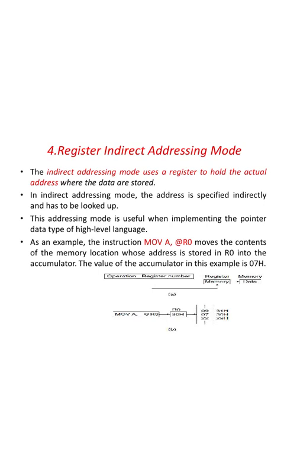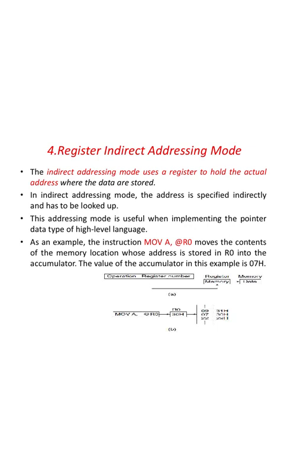Register indirect addressing mode. The indirect addressing mode uses a register to hold the actual address where the data are stored. In the register indirect addressing mode, the address is specified indirectly and has to be looked up.